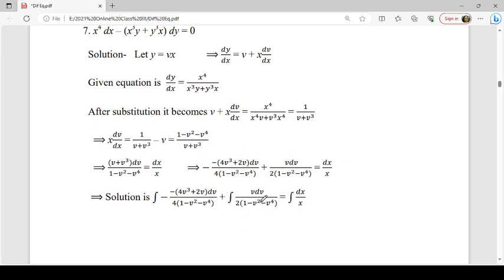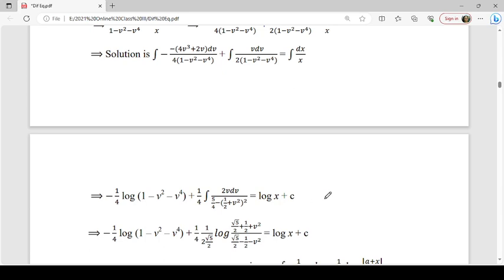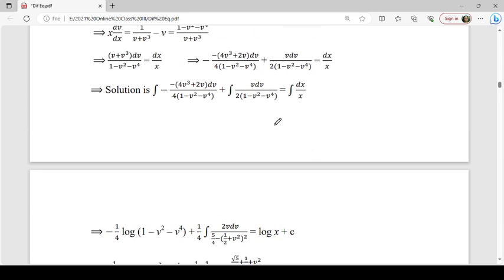Integration of this is now v by this, and how we'll do it, 1 minus v square by v to the power 4. It is done as a sum of squares.